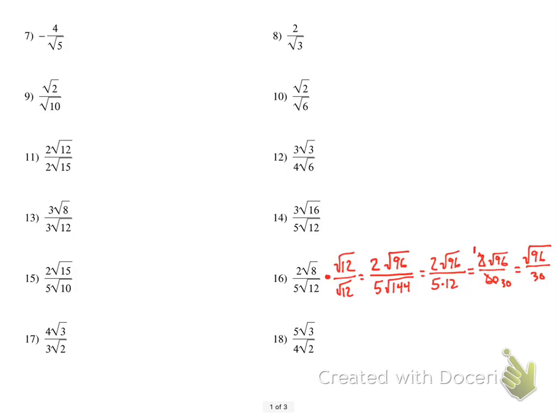This is going back to what we were doing yesterday. Is there a perfect square that factors into 96? There is. The perfect squares are those white numbers on the diagonal there.